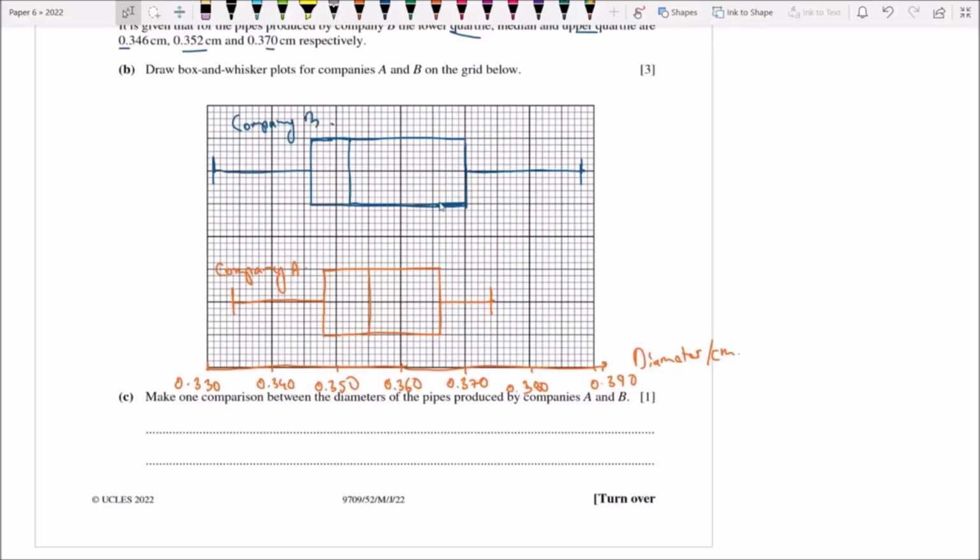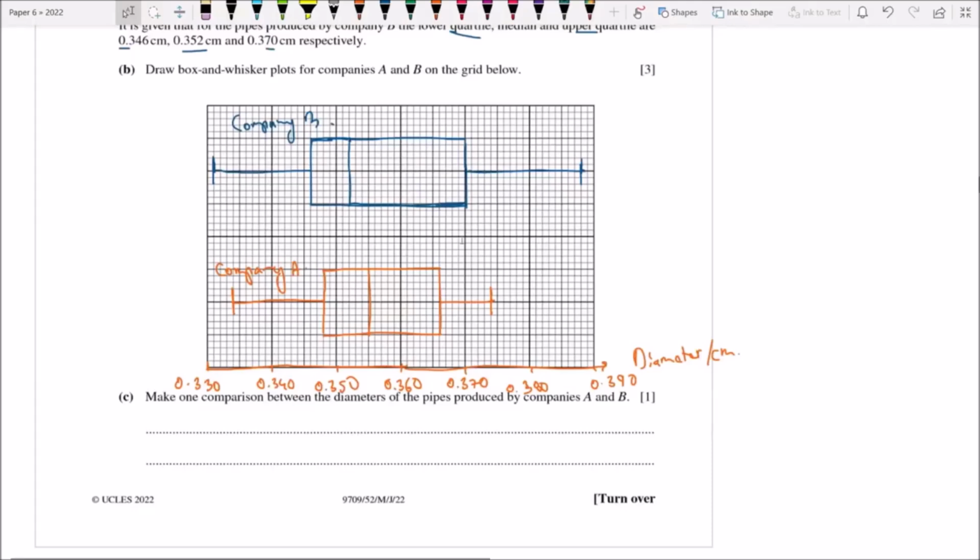But you cannot talk about a certain value like the range or IQR on its own. It must be in the context of the diameters of the pipes. Do you understand?